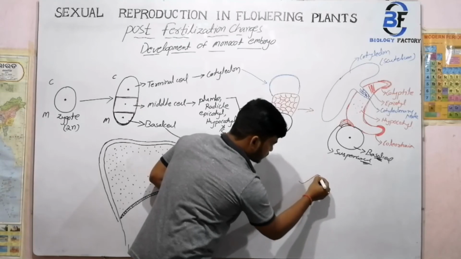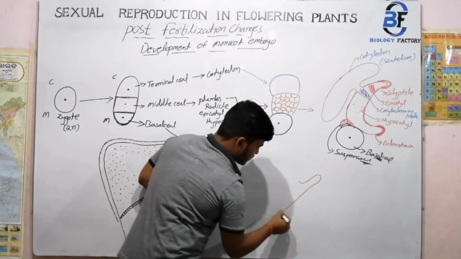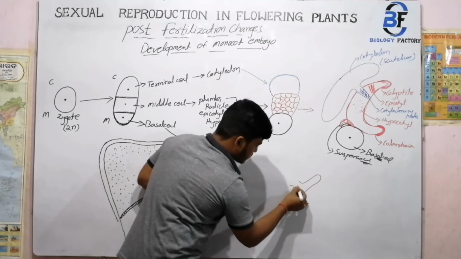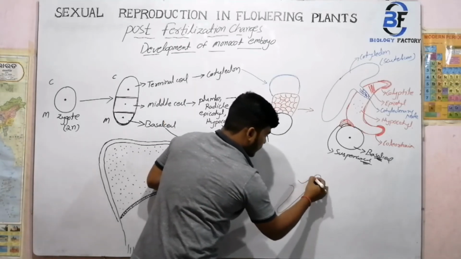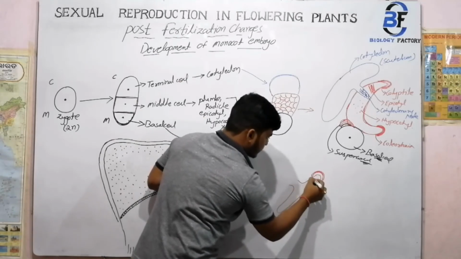So here is your coleoptile, that means it is covered with a sheath.